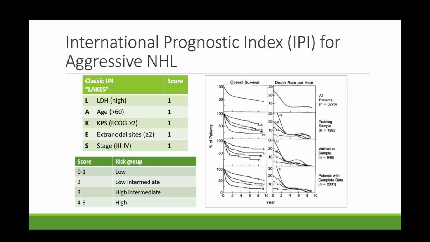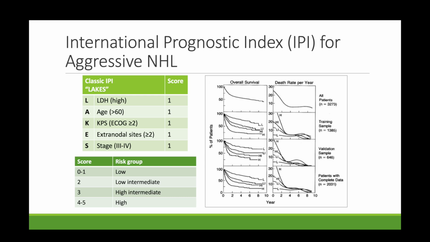Now, this doesn't truly affect our management of the disease, but it just gives us a risk stratification that, in studies, has corresponded to survival outcomes. So really, this is a prognostic tool, not really a predictive tool, but it gives us a prognosis.